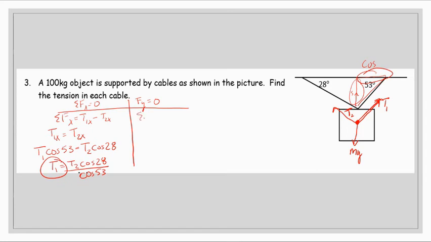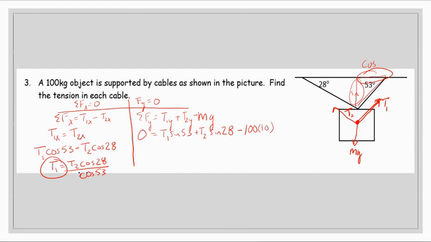So now I want to set up my sum of forces in my Y. My sum of forces in my Y are tension 1Y plus tension 2Y minus my mass times gravity. So I know that 0 is equal to tension 1 sine 53 plus tension 2 sine 28 minus my mass times gravity, and that's 100 kilograms times, I'm actually just going to round my gravity to 10.